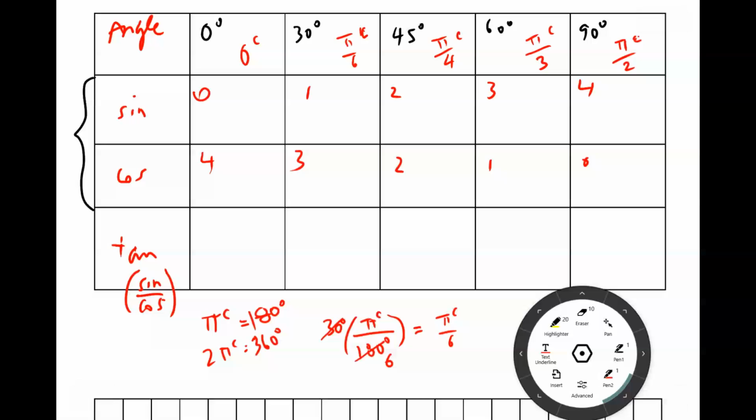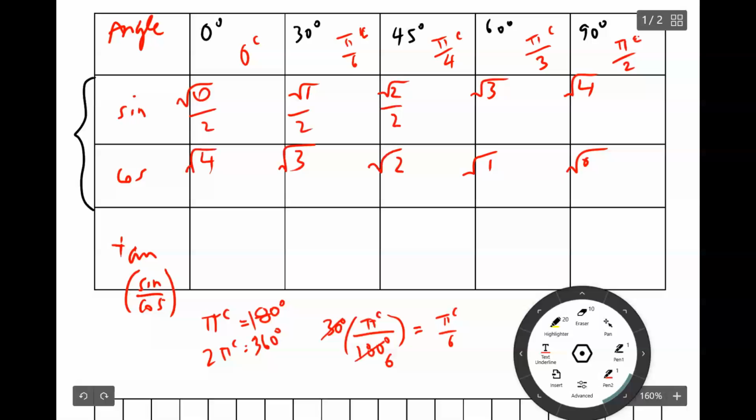Then I'm going to square root every single number. Then I'm going to divide every number by 2. Okay, that's it. Now I simplify.